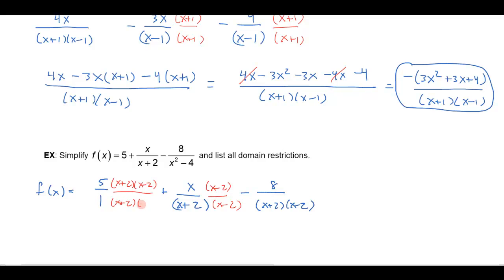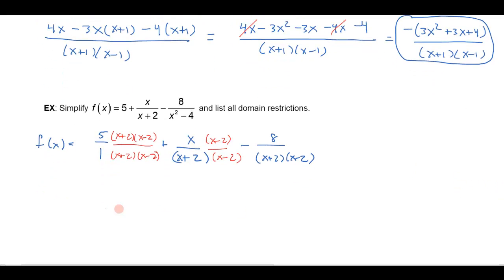So now I have a common denominator, and I can go ahead and combine those. So I'm going to get 5, and let's multiply these out, x squared minus 4, so this is this numerator, plus x times x minus 2, that numerator, minus 8, and all of this is divided by that common denominator, x plus 2, x minus 2.